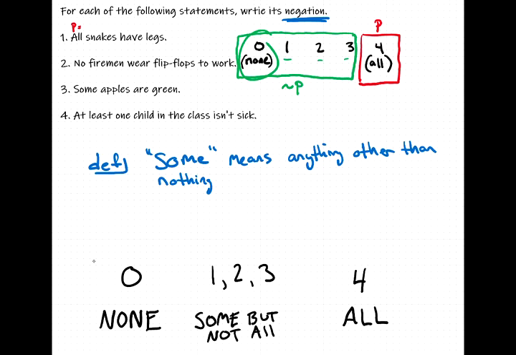So in this particular case, there's our negation, there's our statement. So now we have to say something that's equivalent to anything but all. So let me erase this so we have some more room.